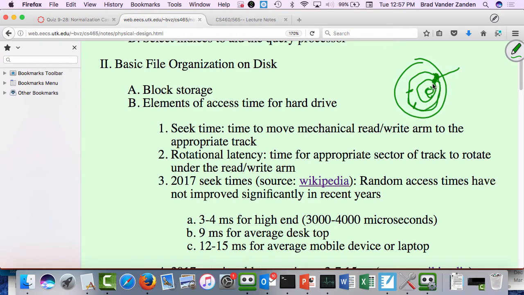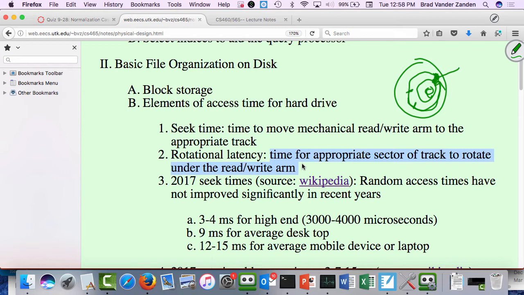It has to come around and under the read-write arm, because the read-write arm doesn't rotate, it's the platters that are rotating. So that's called rotational latency. It's the time for an appropriate sector of track to rotate under the read-write arm.